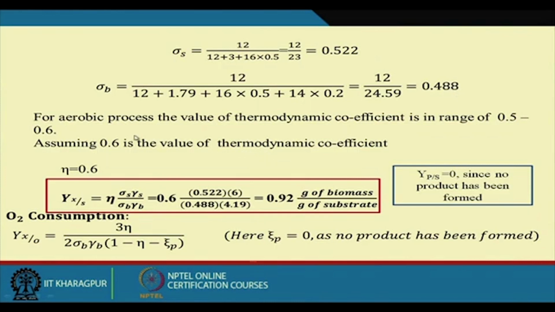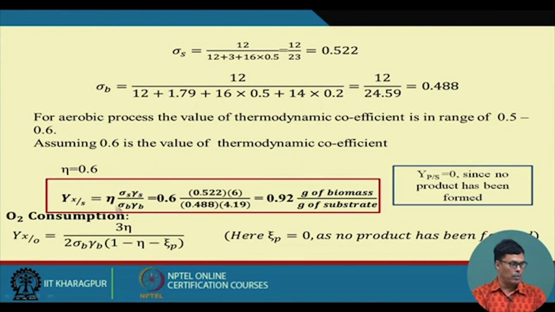Now since it is an aerobic process, the thermodynamic efficiency is assumed to be 0.5 to 0.6, and we can assume 0.6, and we assume there is no other product excepting biomass. So epsilon p can be assumed to be 0. So then eta will be equal to 0.5, and eta is the Y X by S.